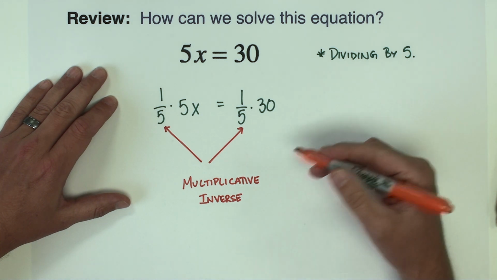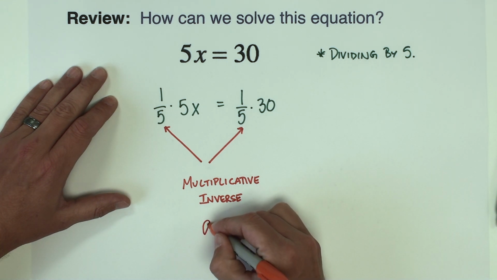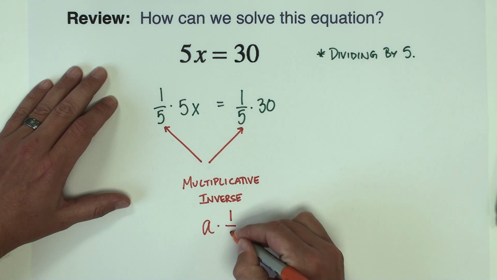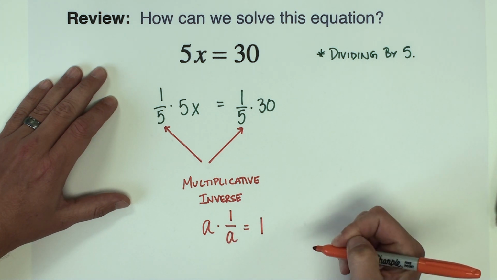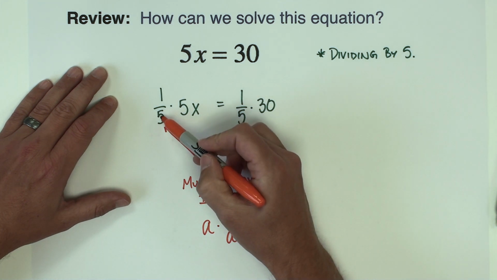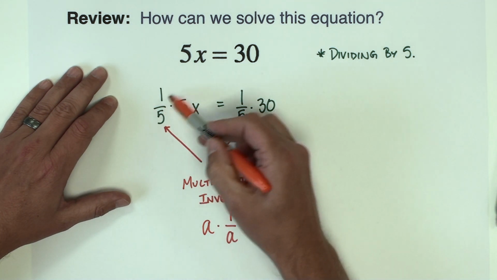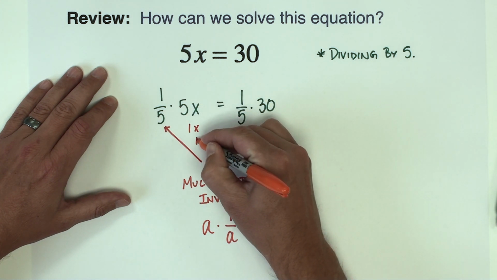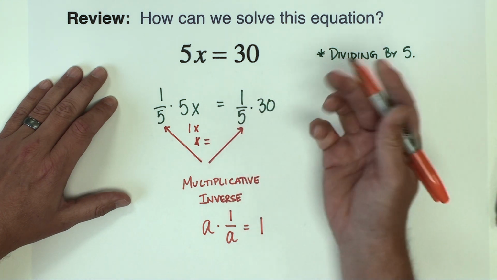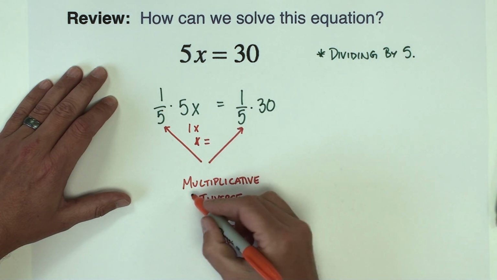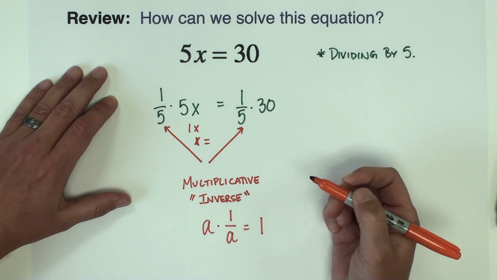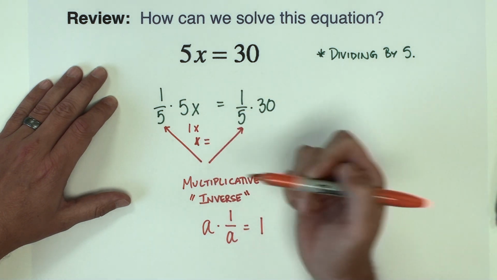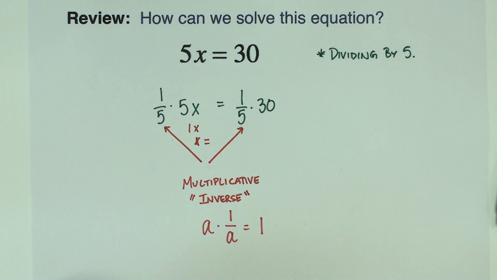The idea is that any number times its multiplicative inverse is equal to 1. So when we take 1/5 times 5, the result of that product is 1x, or just x. And then that gets x by itself. So it's this idea of using the inverse to eliminate this coefficient, leaving the variable by itself. We're going to steal that idea when we set up and solve these systems of equations with matrices.